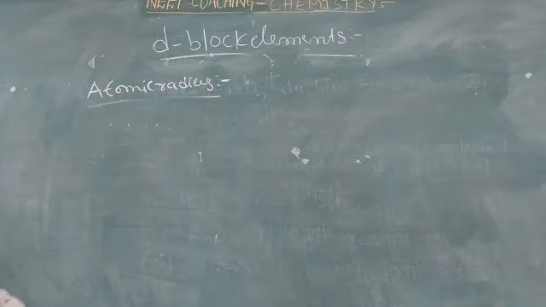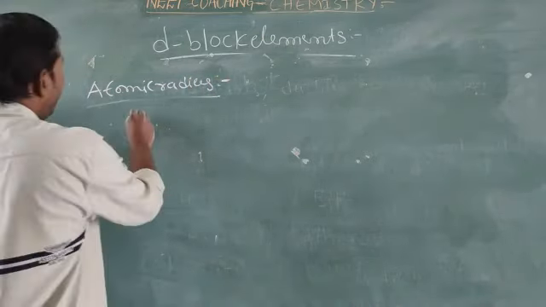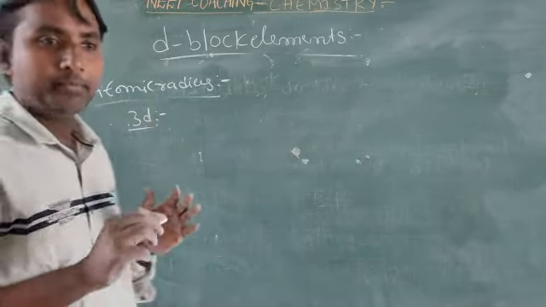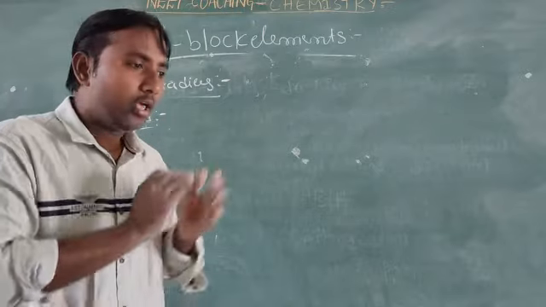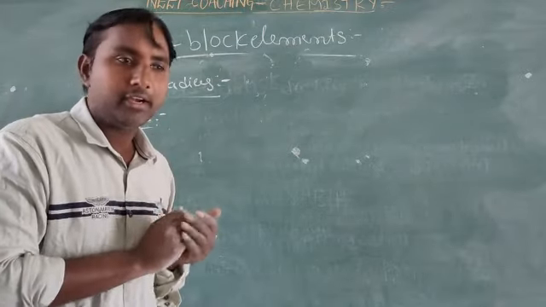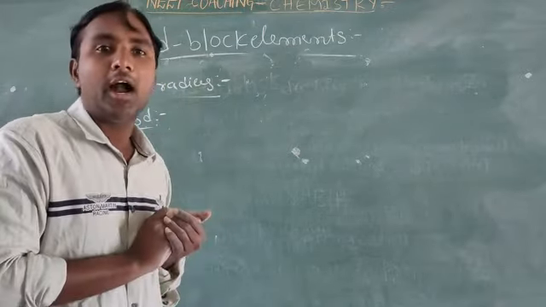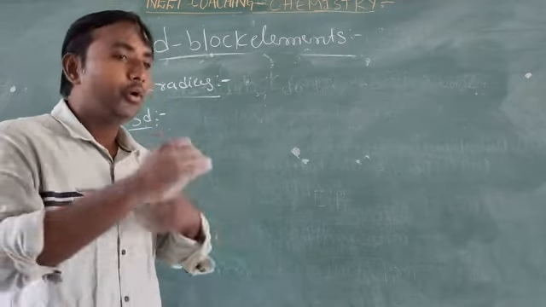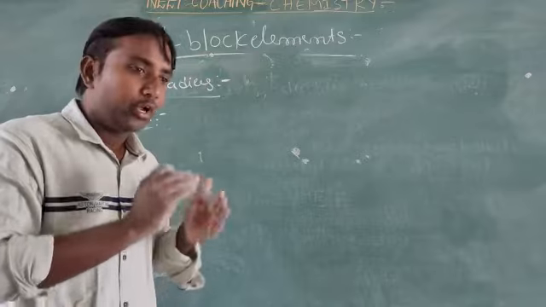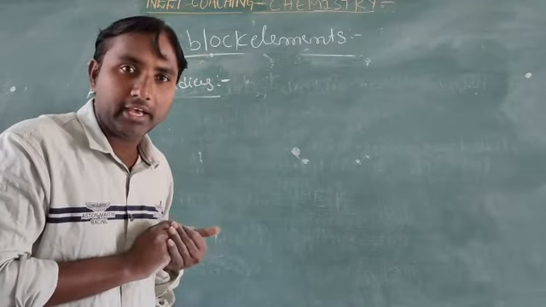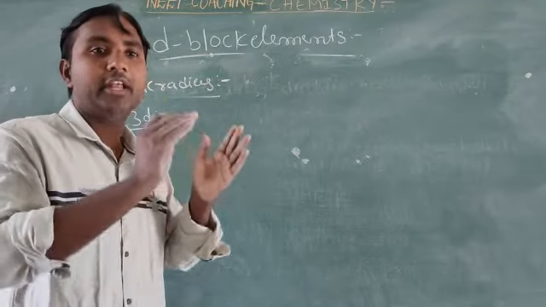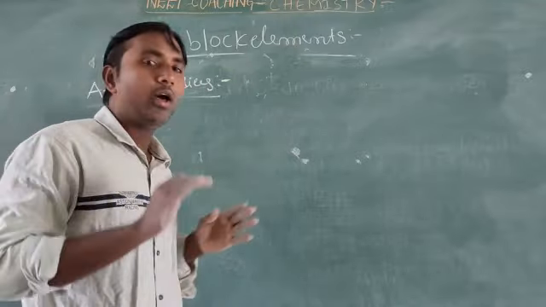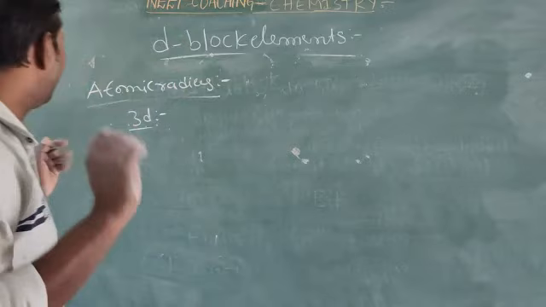For example, in the 3d series we observe, generally in the periodic table along the period from left to right, atomic radius decreases. What is the reason? Nuclear charge increases. Due to the increase in nuclear charge, atomic radius decreases from left to right along the period.